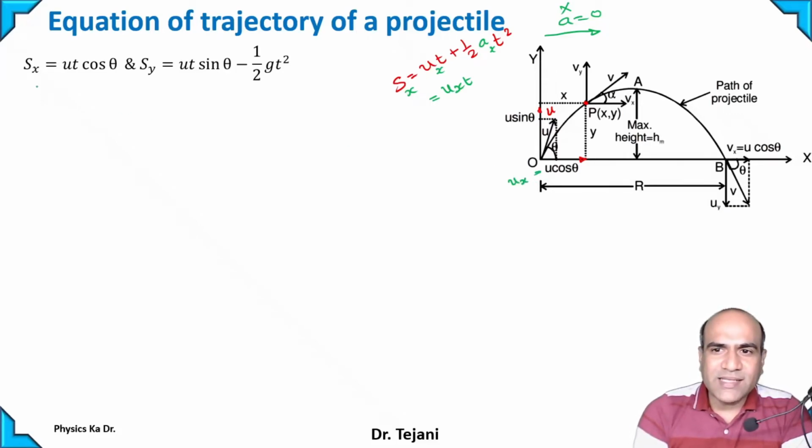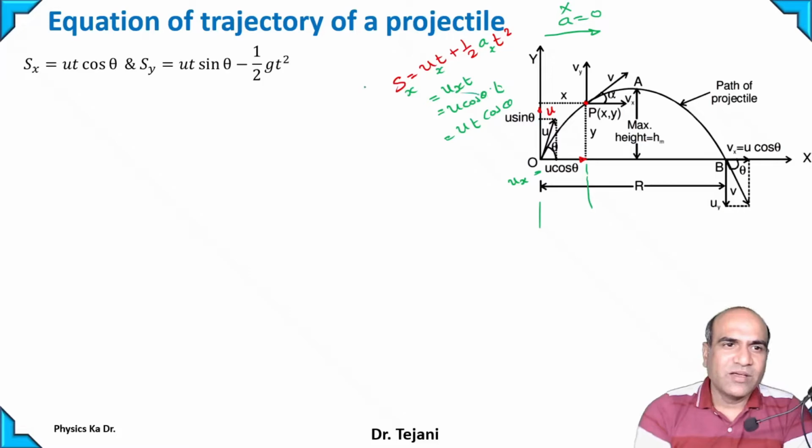So x, the distance traveled along the x axis after certain time t, becomes u cos theta t. You can move t to write t is equal to x by u cos theta.